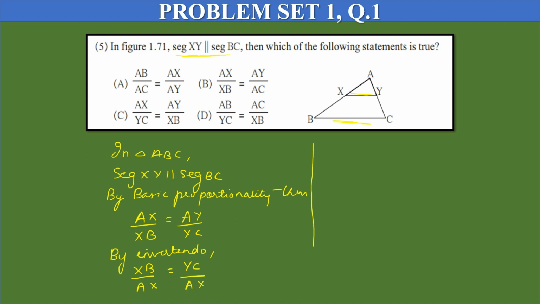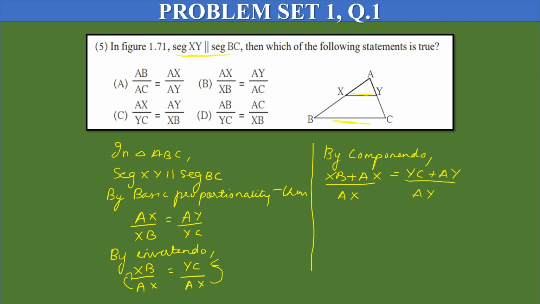After this, we will apply componendo. So by componendo, what is componendo? We have to add the denominator to the numerator. So XB plus AX upon AX is equal to YC plus AY upon AY.